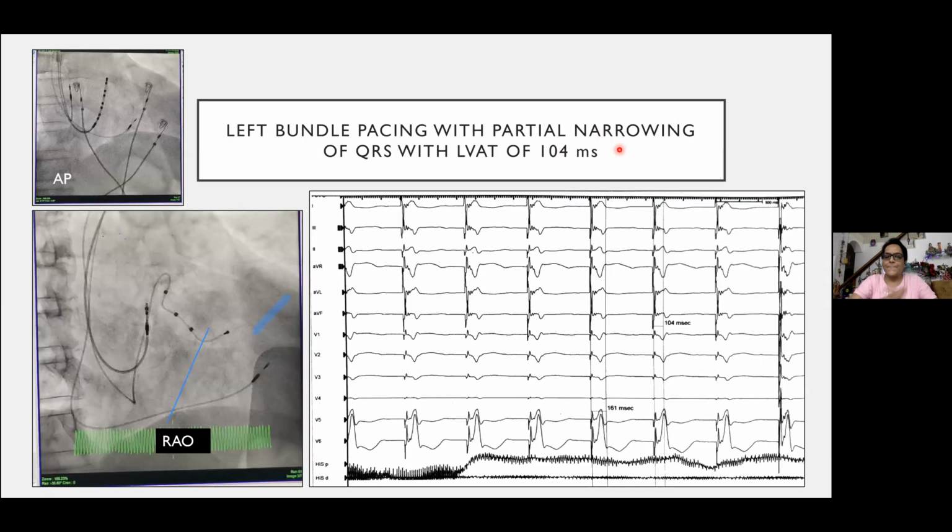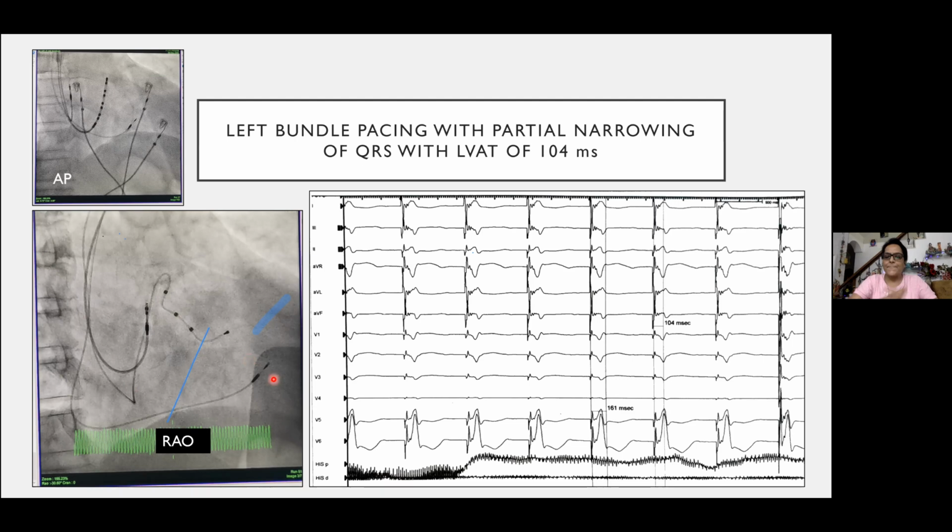So what we do next, we went more ahead. Like I told you, previously we were more basal to have a bigger bundle of left bundle capture. Now near the base, the septum is very thin. As you move towards the apex, because of RV trabeculation and because of the anatomy, it gets more thick because the apex and all other things start coming.